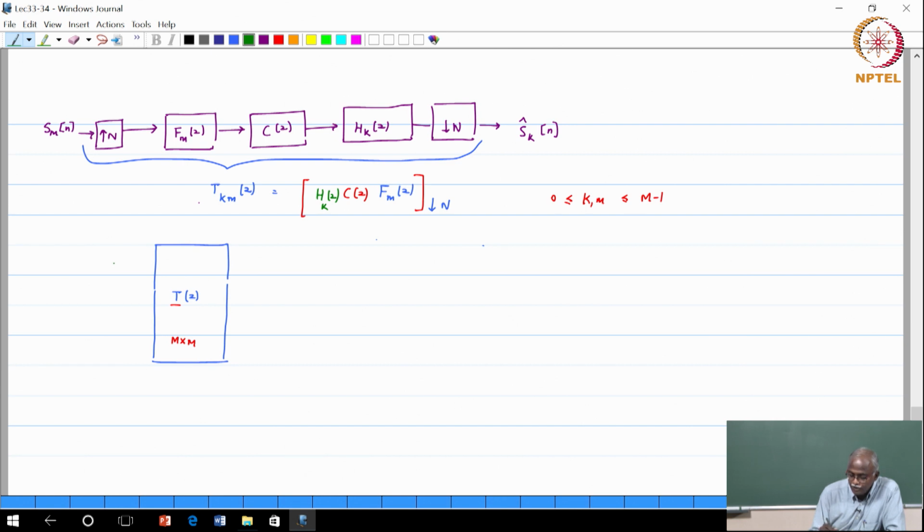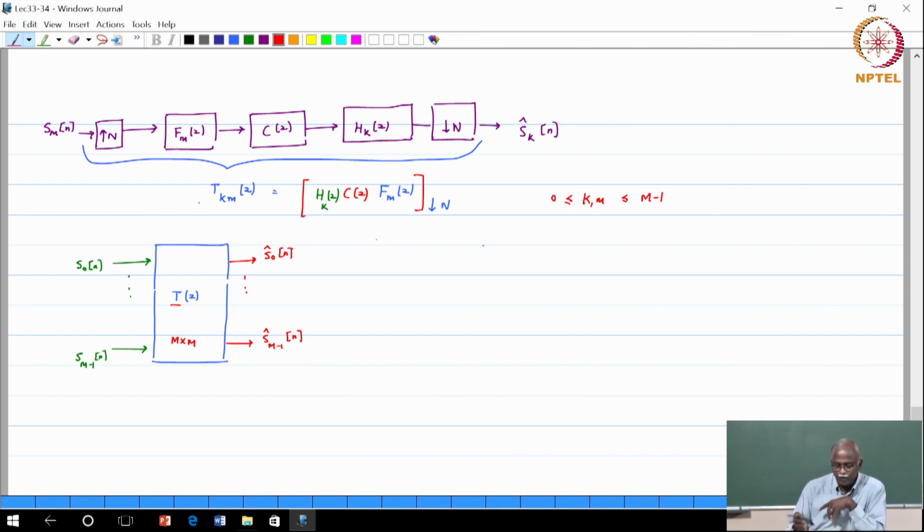The inputs to this matrix are S naught of n all the way to S m minus 1 of n, and the outputs are S0 hat of n dot dot dot S m minus 1 hat of n. The input output relationship is captured in terms of a matrix transfer function. You can think of it as a MIMO system between these.